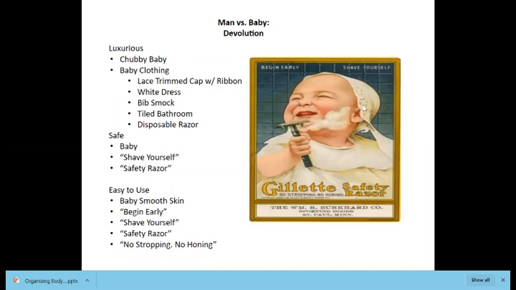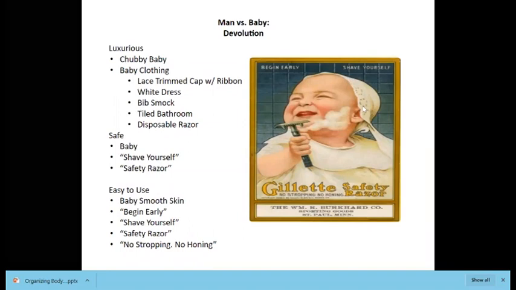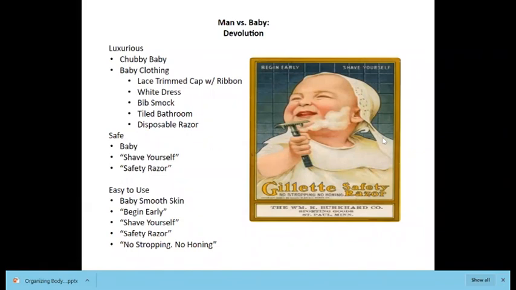The lace trimming is completely unnecessary for dressing. The ribbon is unnecessary. These are added adornments that let us know that this baby is probably from a wealthy family and well cared for.